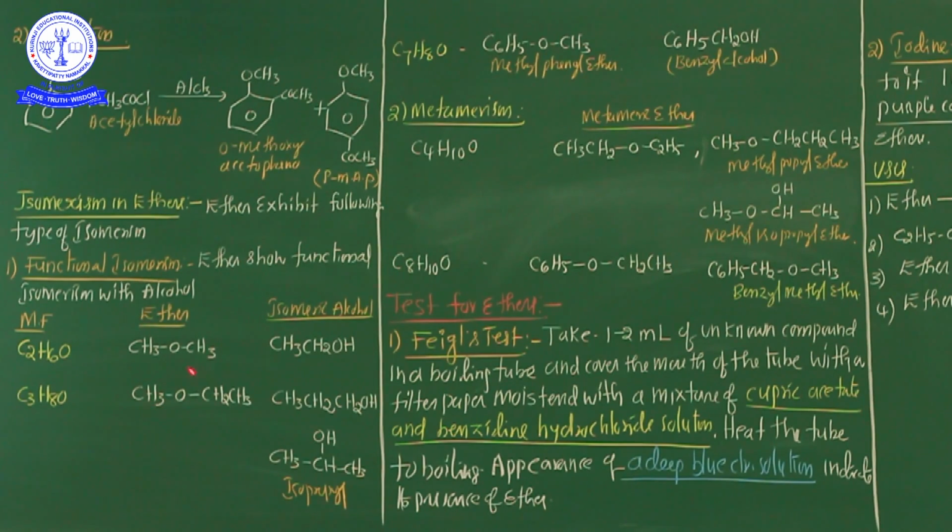One more example, C3H8O. See here, CH3OCH2CH3, ethyl methyl ether.